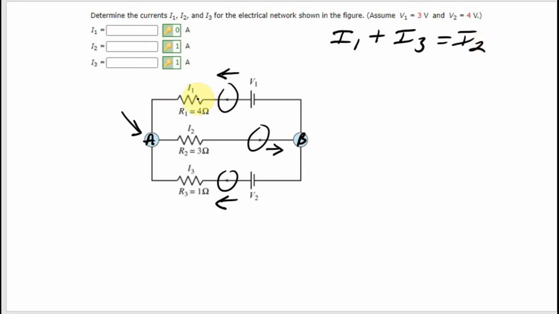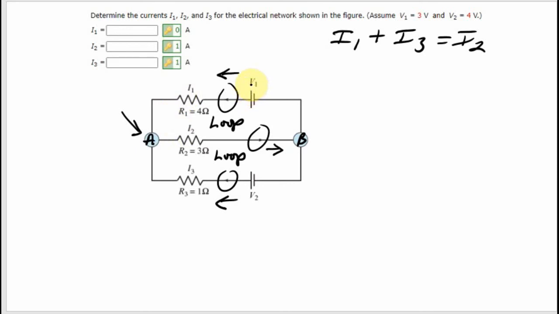So we're going to consider this first loop, and then after that, we'll consider this bottom loop. If you consider this first loop and look at what we have in terms of the battery and the resistors that's on it, the energy on the resistors will have to equal the voltage drop on the battery.